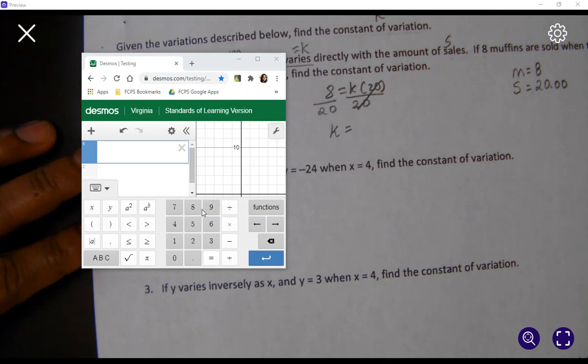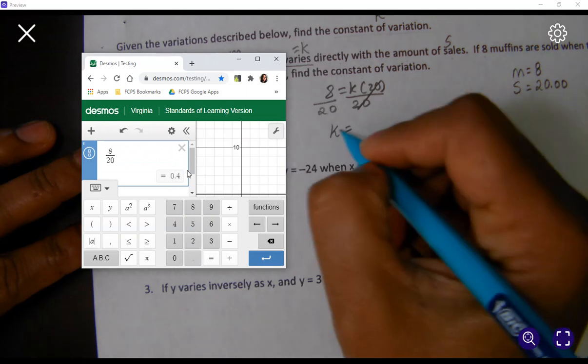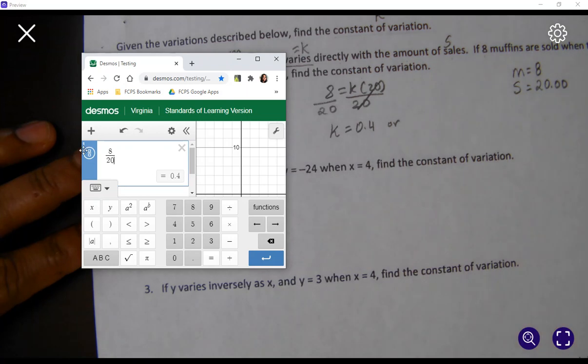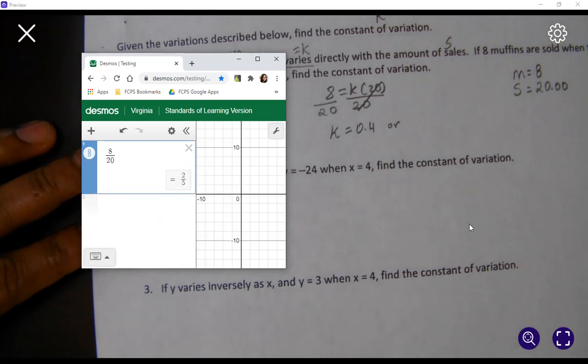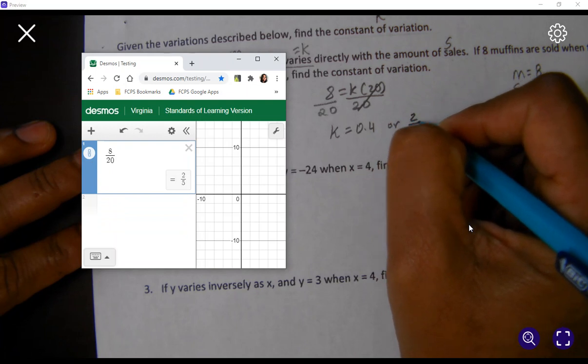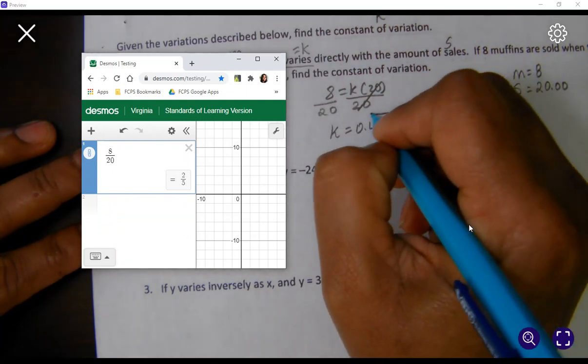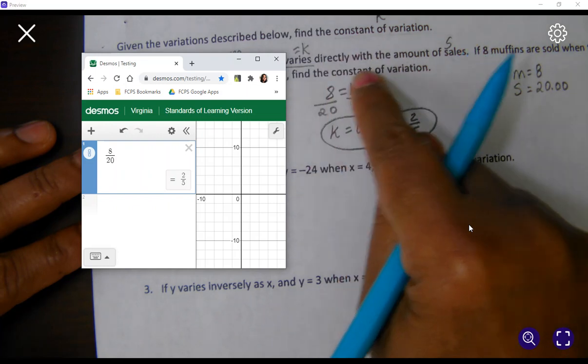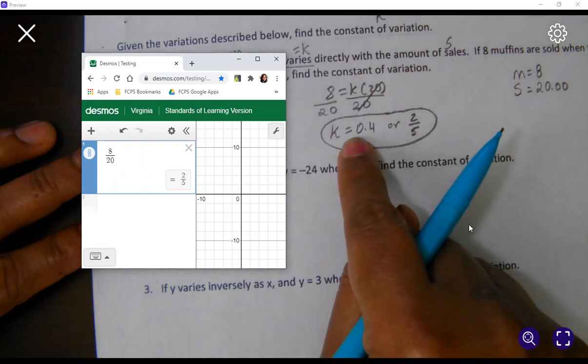You can just put it in decimal, so you can do 8 divided by 20 and you get a decimal. You can either put 0.4 or you can change it into a fraction if it's not a crazy fraction, 2/5. So this would be my answer. It's asking me to find the constant of variation, so that's what I did. I found k.